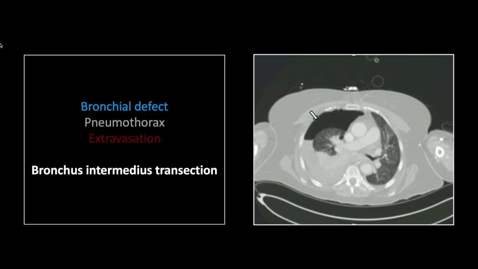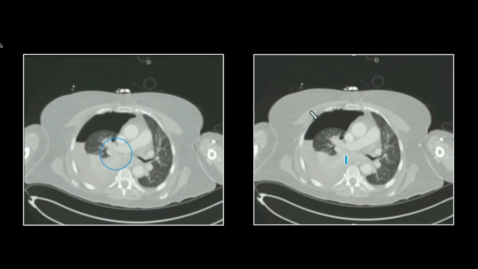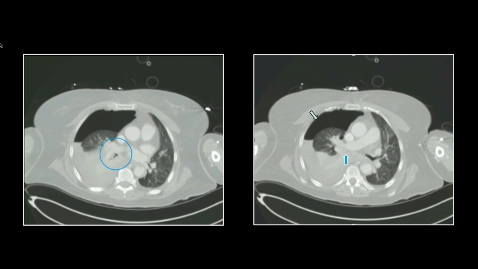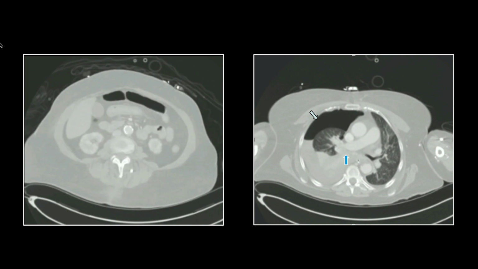There's also a large hydropneumothorax present, and there's significant volume loss of the right lung related to near complete atelectasis of the right lower and middle lobes. There's the cine, and you can see the bronchus intermedius vanishes. There's a tiny bit of residual gas in the remaining lower right lung.